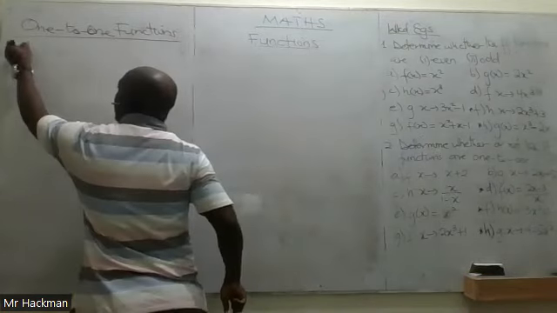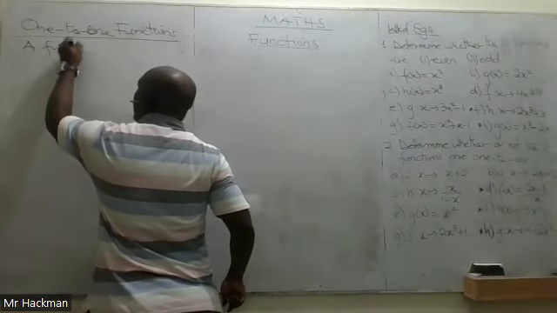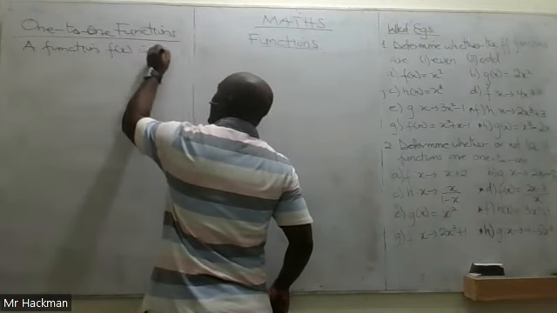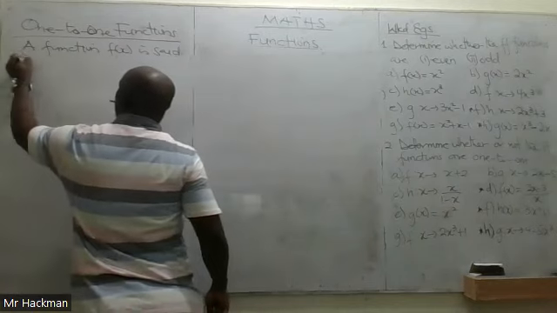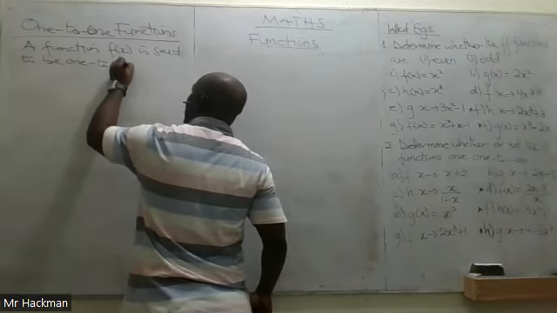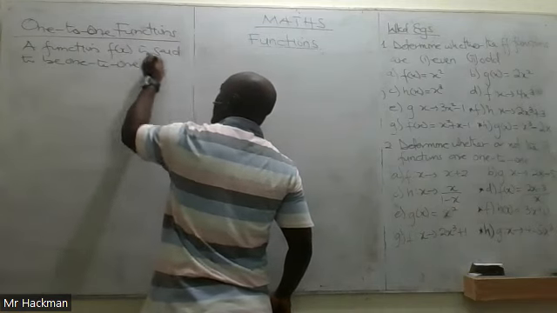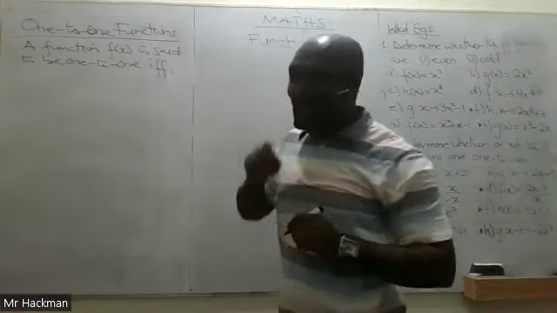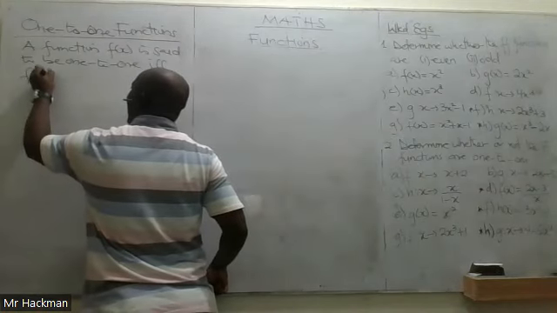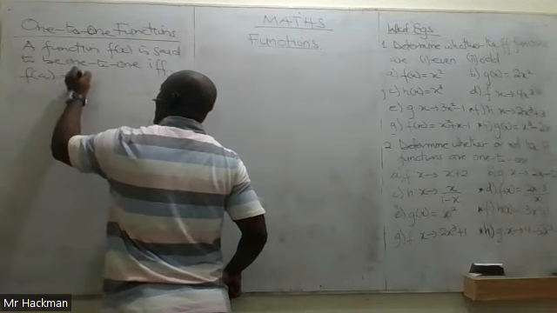So a function f of x is said to be 1 to 1 if and only if, and here, look at the condition, f of a should be equal to f of b.